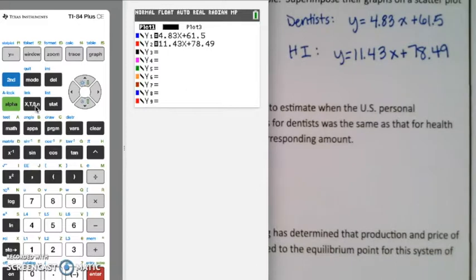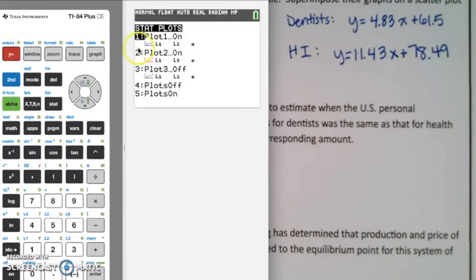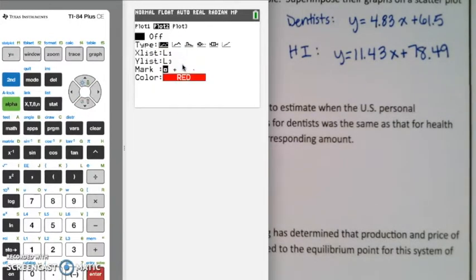And in order to make sure those are plotting the correct points from my table, I want to go into second stat plot above the y equals and look that plot 1 is doing L1 and L2, and then that plot 2 is doing L1 and L3. If it's not set up to do that, you might need to go into the settings and go to the Y list and change it to L3. The same way that we did earlier, you're going to do second 3, which is the L3, so your list number 3.